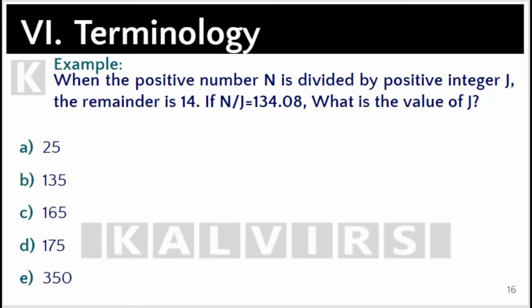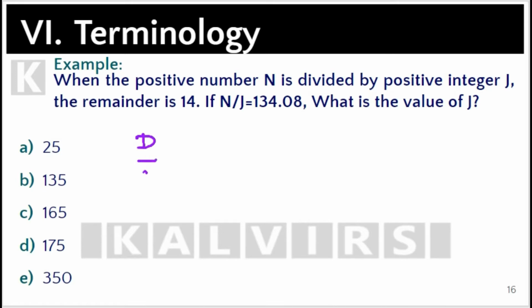When the positive number n is divided by the positive integer j, the remainder is 14. If n over j is 134.08, what is the value of j? So here we will apply the formula shown in the previous slide.